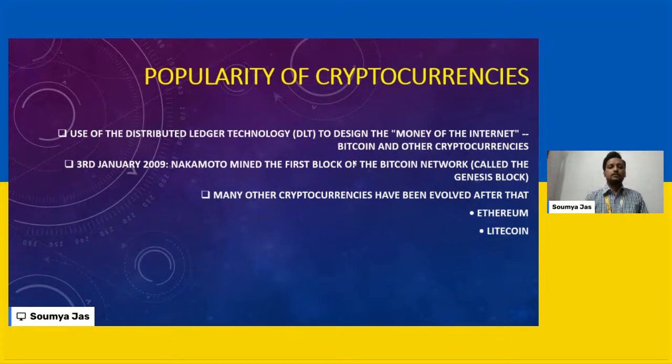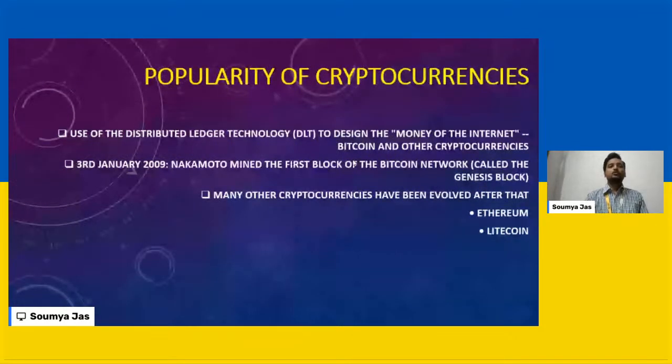The first block mined on the Bitcoin network is called the Genesis block. Many other cryptocurrencies have evolved after that. First Bitcoin evolved as a currency, and there are also Ethereum, Litecoin, and lots of others that we discussed previously.